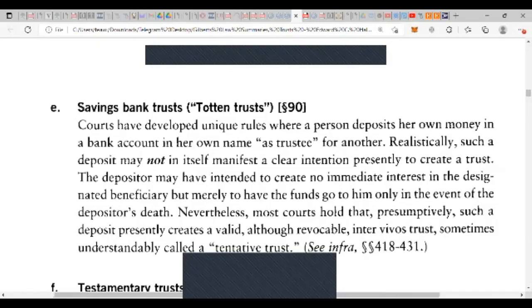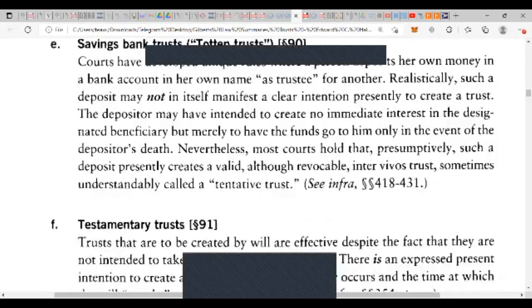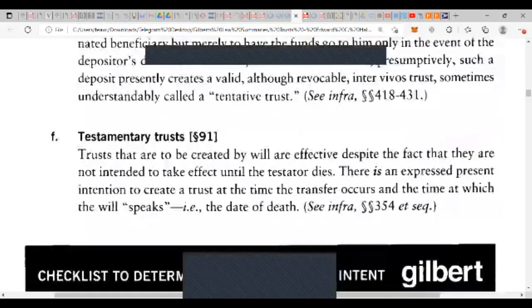The depositor may have intended to create no immediate interest in the designated beneficiary, but merely to have the funds go to him only in the event of the depositor's death. Nevertheless, most courts hold that presumptively such a deposit presently creates a valid, although revocable, inter vivos trust, sometimes understandably called a tentative trust. See infra 418 to 431.